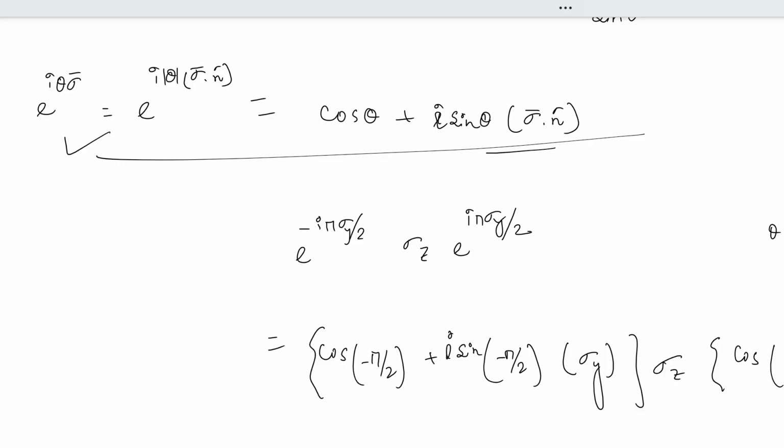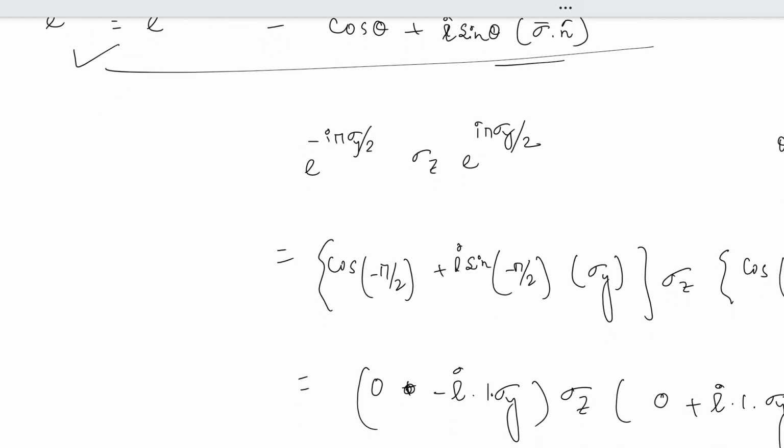So this is minus i into 1 into sigma y into sigma z, then cos pi by 2 is 0 plus imaginary i sine pi by 2 is 1, and then sigma y. So you have now that minus i squared sigma y sigma z sigma y. Minus i squared is plus 1. So this is sigma y, sigma z, sigma y.